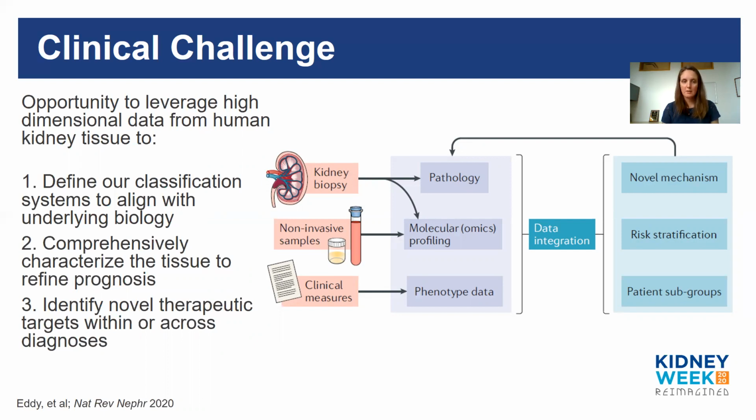That these tools can allow us to really comprehensively characterize the tissue and provide more granular prognostic information to our patients. And that using some of these novel technologies, we may be able to identify therapeutic targets that are relevant within specific patient populations or across kidney diseases.